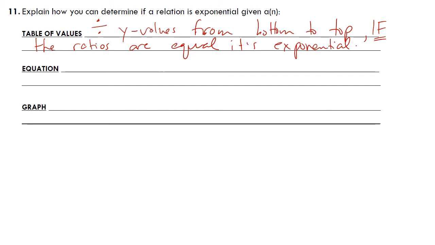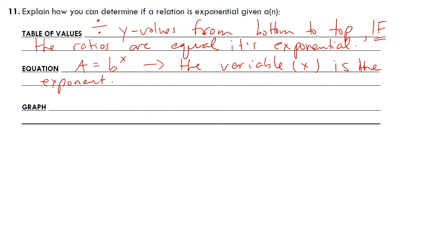Full marks. From the equation, so if you're looking at an equation, we have something like this, a equals b to the x. So equation looks like that, and the key is the variable, which in this case is x, is the exponent. All you have to say. From a graph, this is one that we could use a picture for.